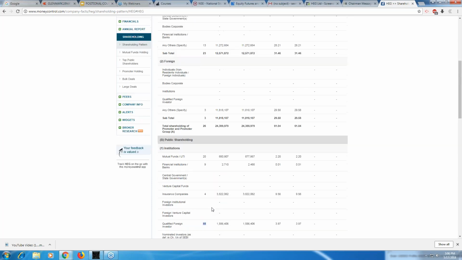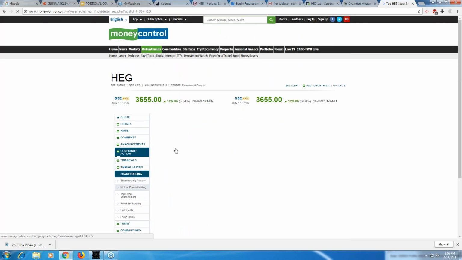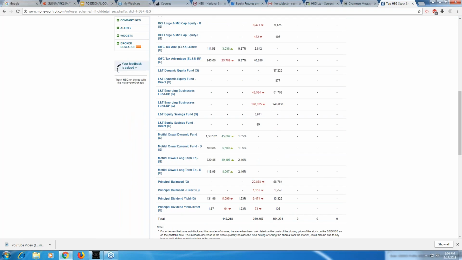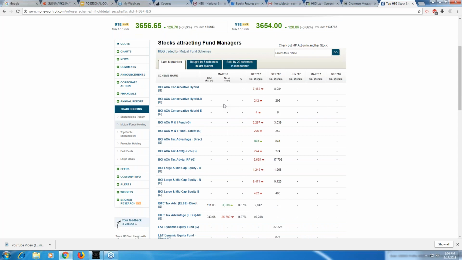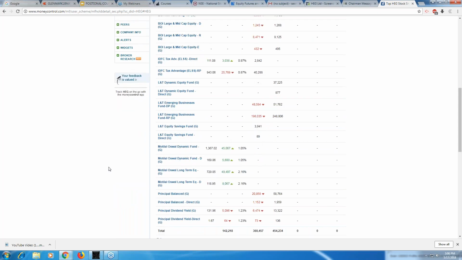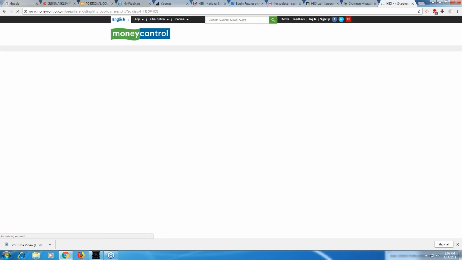So now go to the mutual fund holding and you will see how the stock has been performing. If you see in this quarter, the holdings of mutual funds have gone up, right? Last quarter it had gone down, but this quarter the mutual funds have increased their holdings.